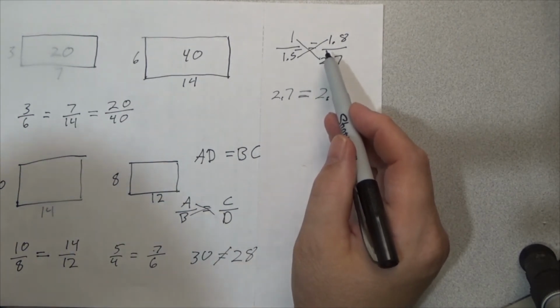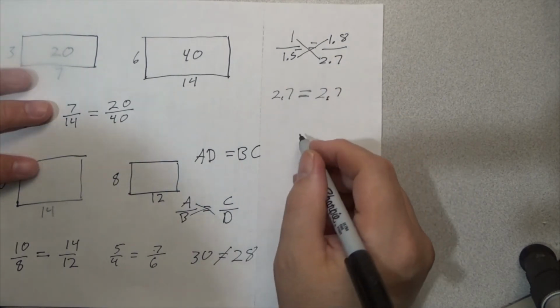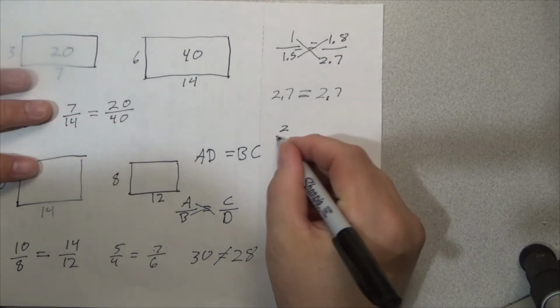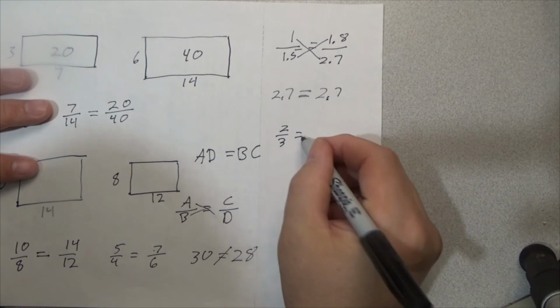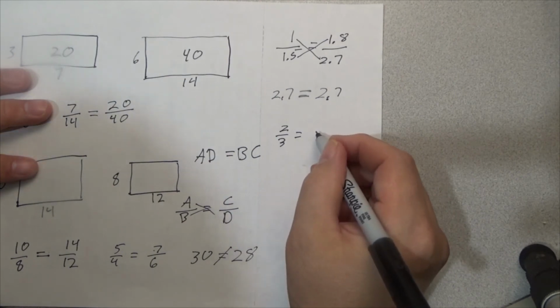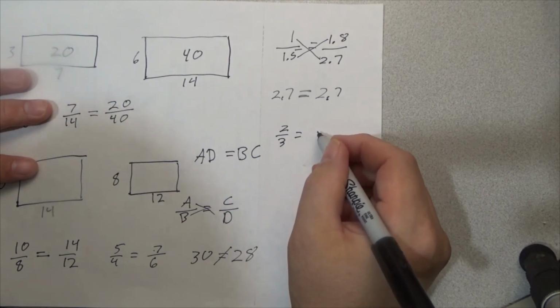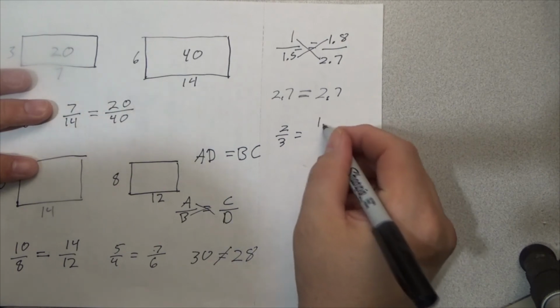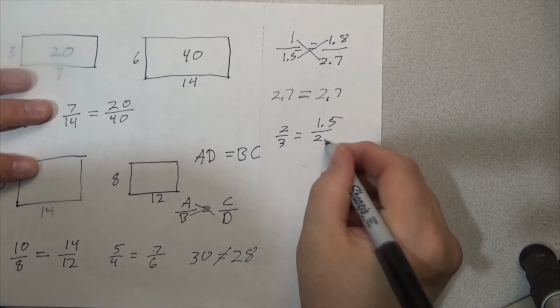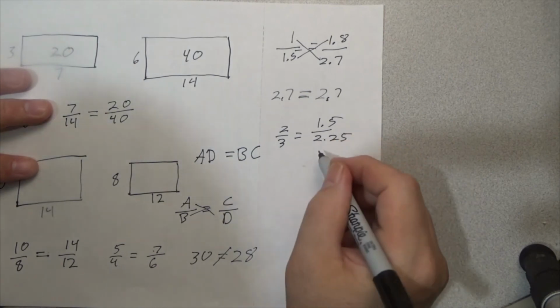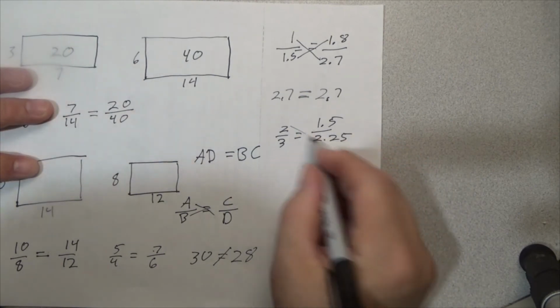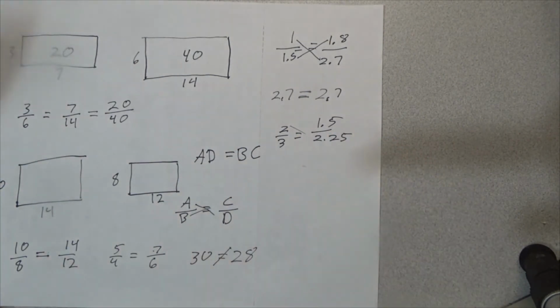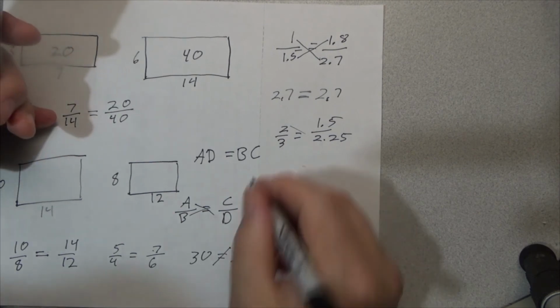Now I can go through all of the sides. That would be the best way to do it. So 2 over 3 should be equal to 1.5 over 2.25, and you can see those sides on that. So let's cross multiply and verify that my assumptions are correct. 2.25 times 2 is equal to 4.5.